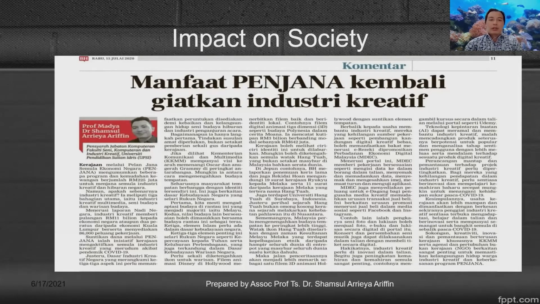They could not perform, and they could not sell their products, except those that could be sold through digital platforms. So this is one of my ideas that I put into this Komentar Berita Harian.